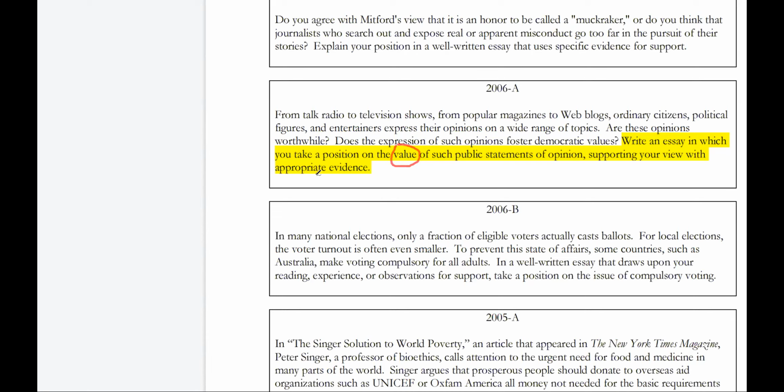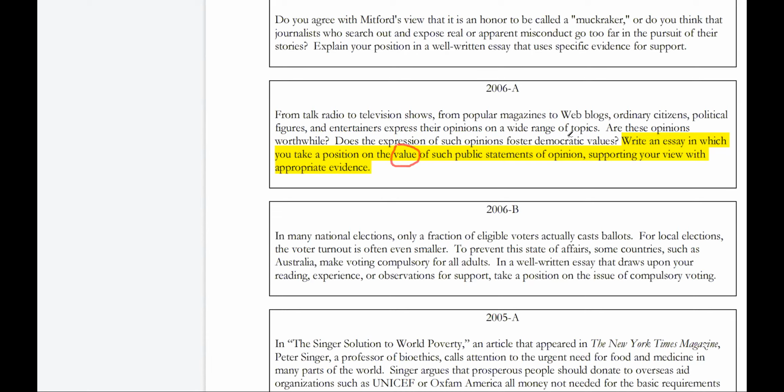So if you say yes, it does, that's a true or false. You're not doing a pro or con of the value. Very good thinking. Yes, I agree too.